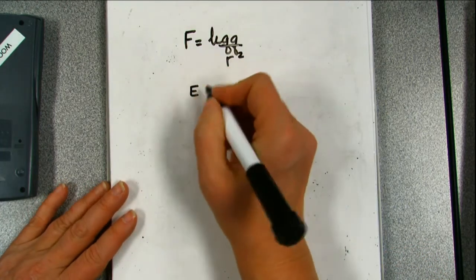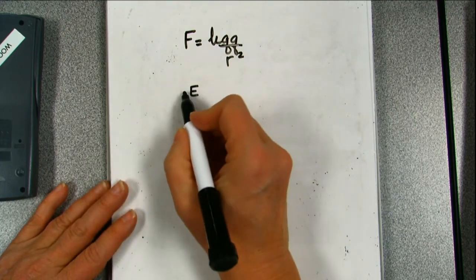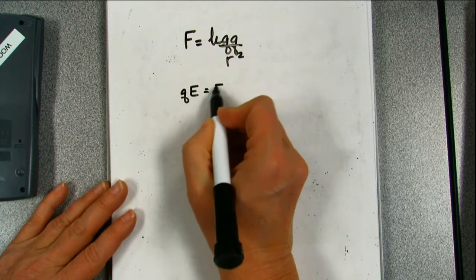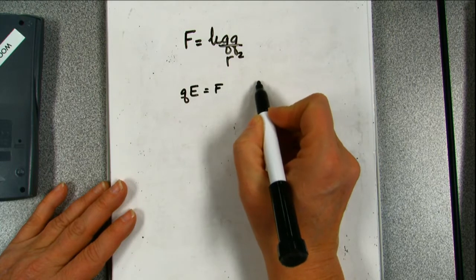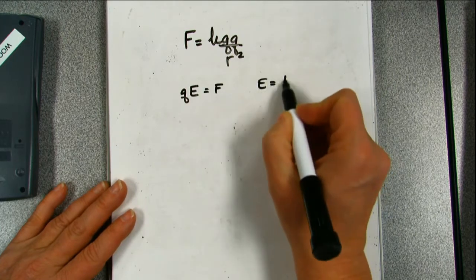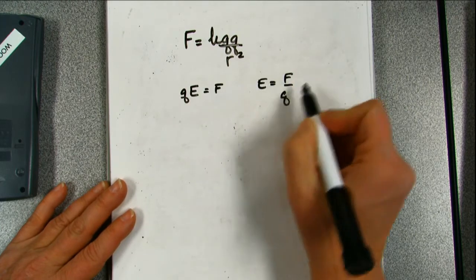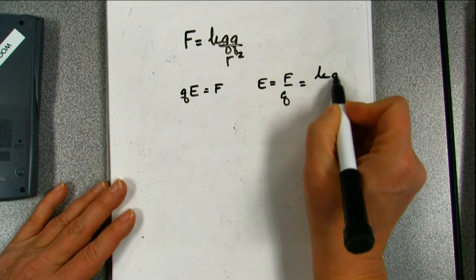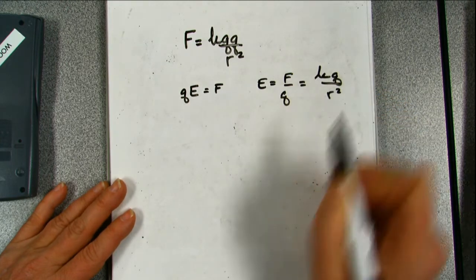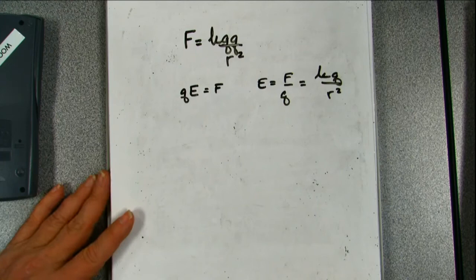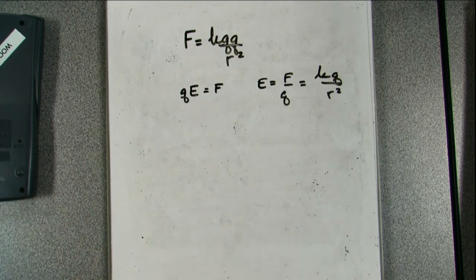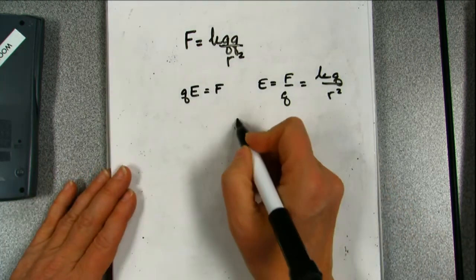Electric field, of course, is E equals force over Q, which means E is equal to kQ over R squared.